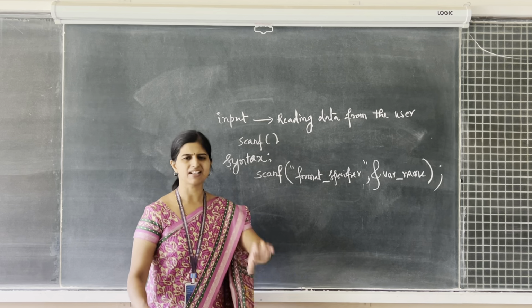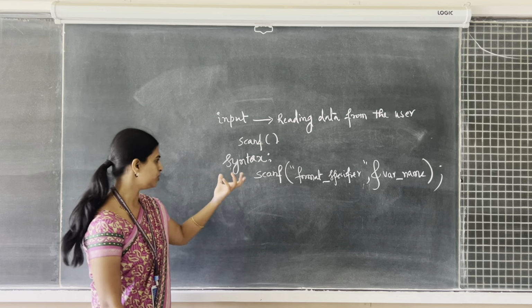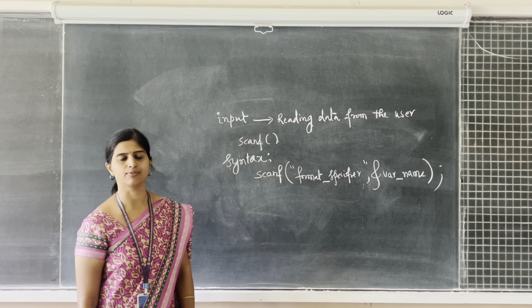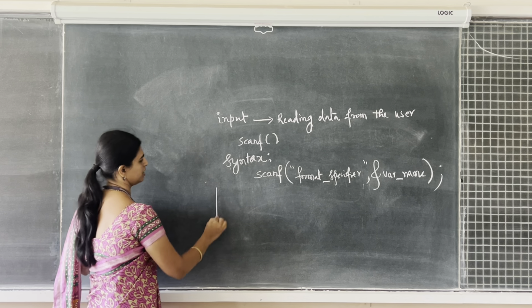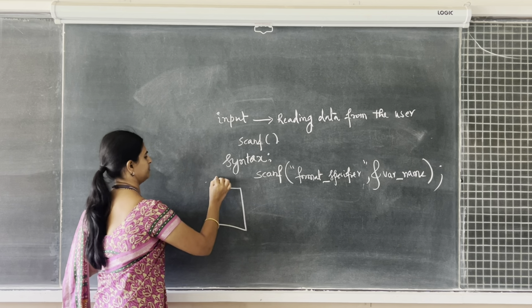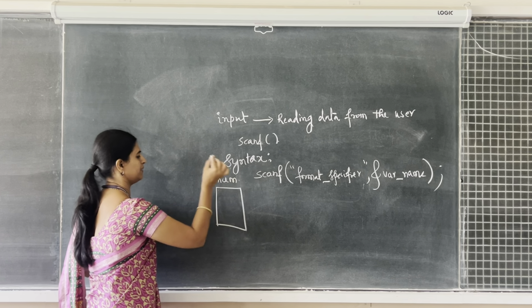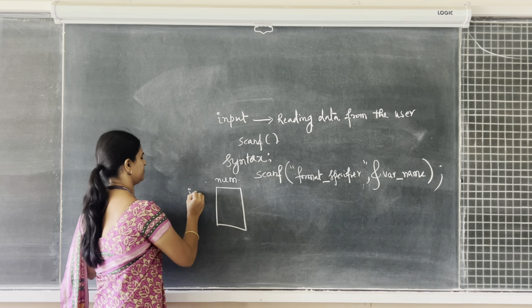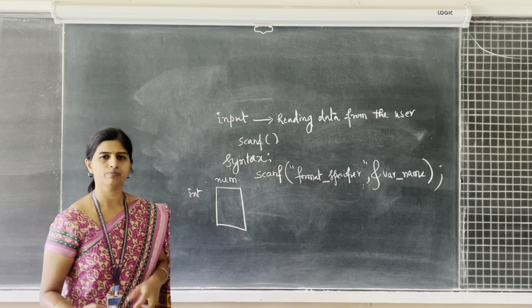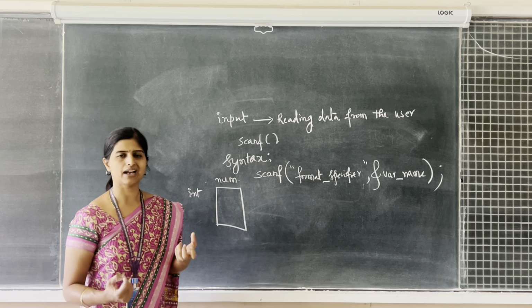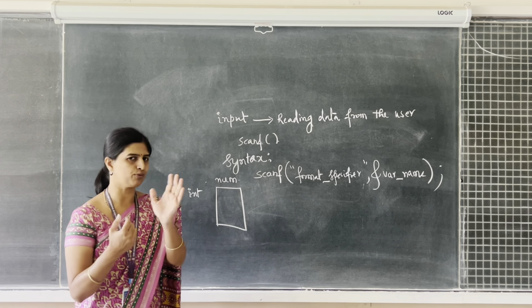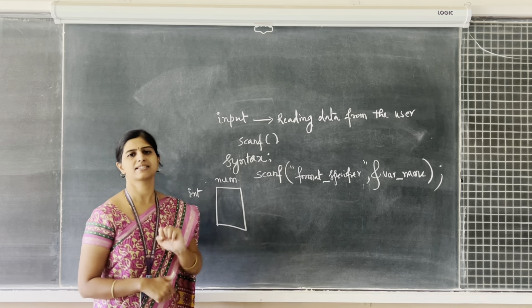Let me consider a simple example to know how I should be using scanf within my code. Suppose you have one variable called num. Num is the variable name and of type integer. Now I want to store a value within num, reading the value from the user with the help of scanf.